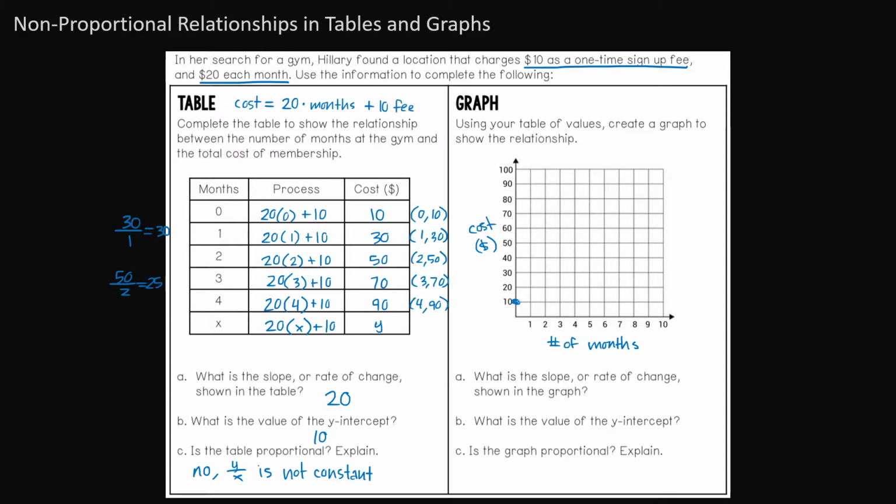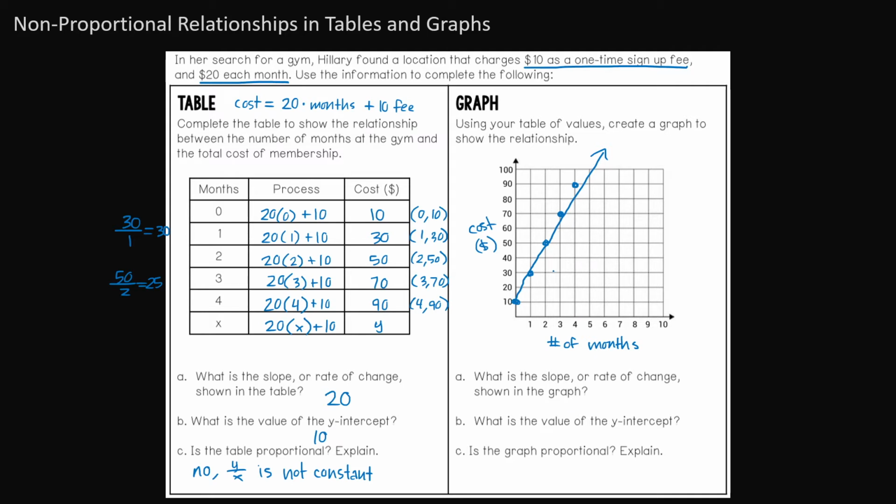It's going to pass through the point 0, 10 on the y-axis. My next point is 1, 30. I have 2, 50. I have 3, 70 and 4, 90. And if I draw a line through them as best I can, this is what I've got.